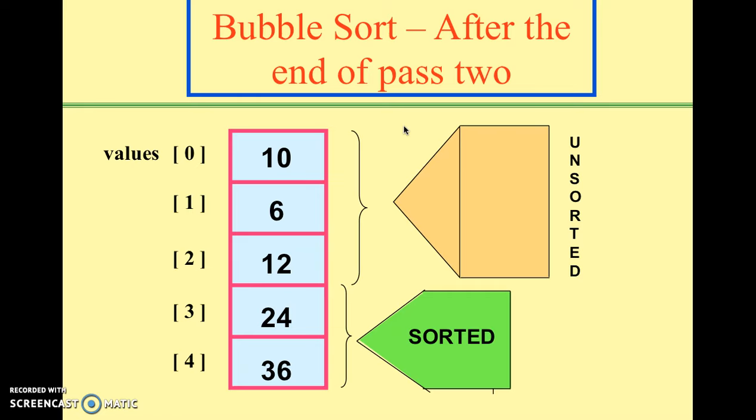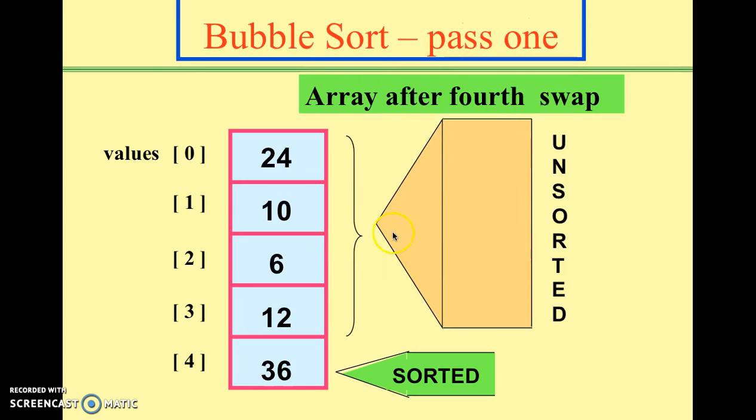Okay, so after pass 2, 24 will, so go back here. So notice in this, 24 is the largest element. So when we complete the second pass, we're going to compare 24 and 10 and put 10 here, 24 here, compare 24 and 6 and so on.